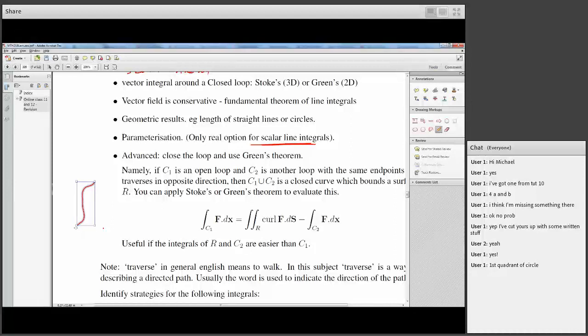Let's see if it lets me draw it though. Yeah. So you can get a closed off curve by something a bit easier, like two straight lines. And when you close off the curve, you get a closed curve in that case. So you can use Green's theorem for the closed bit. The closed region you can work out by using Green's theorem.